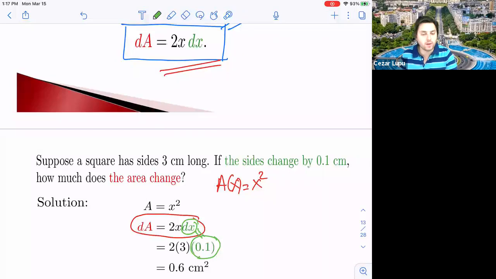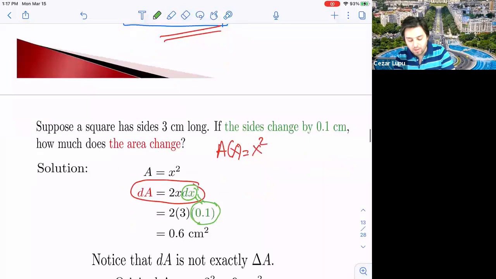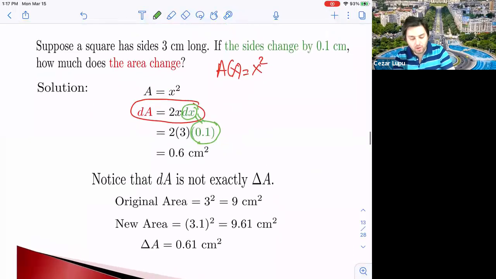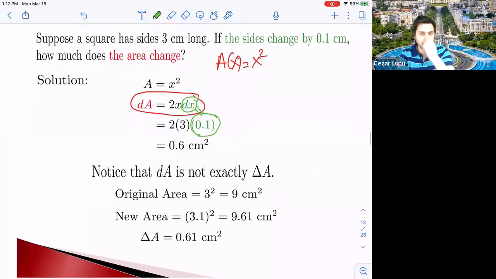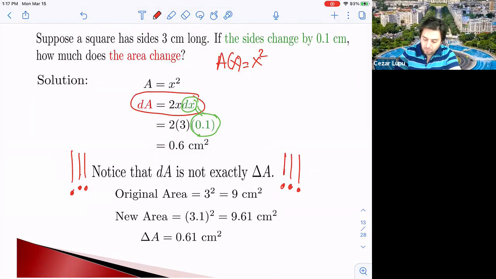And now I'd like to point out a remark here, because this is important. I would like to notice the fact that dA is not exactly delta A. Because the original area is, if the side is 3, 3 squared, which is 9.